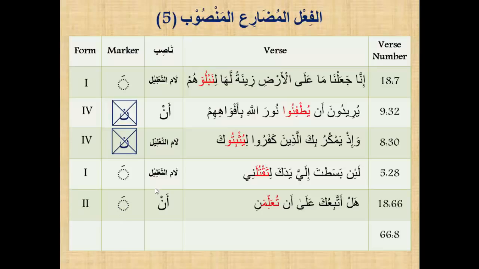And this is an example of a form 2 verb, the shadda. علم يعلم تعلم. Finally, عسى ربكم أن يكفر عنكم سيئاتكم. We have the nasib an followed by al-fi'l mudari' mansub yukaffira with the marker fatha. And this is again an example of a form 2 verb because of the shadda. كفر يكفر التكفير.